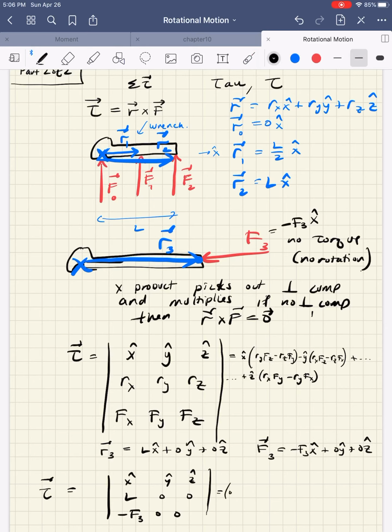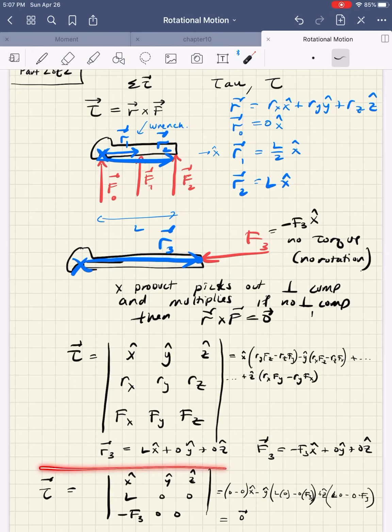So I would have 0 minus 0 in the x hat, minus y hat L times 0 minus 0 times F3, plus z hat L times 0 minus 0 times F3. So the whole thing is just the null vector. So when taking the cross product of these two parallel components, of course, the torque vector will be 0 for this quantity.